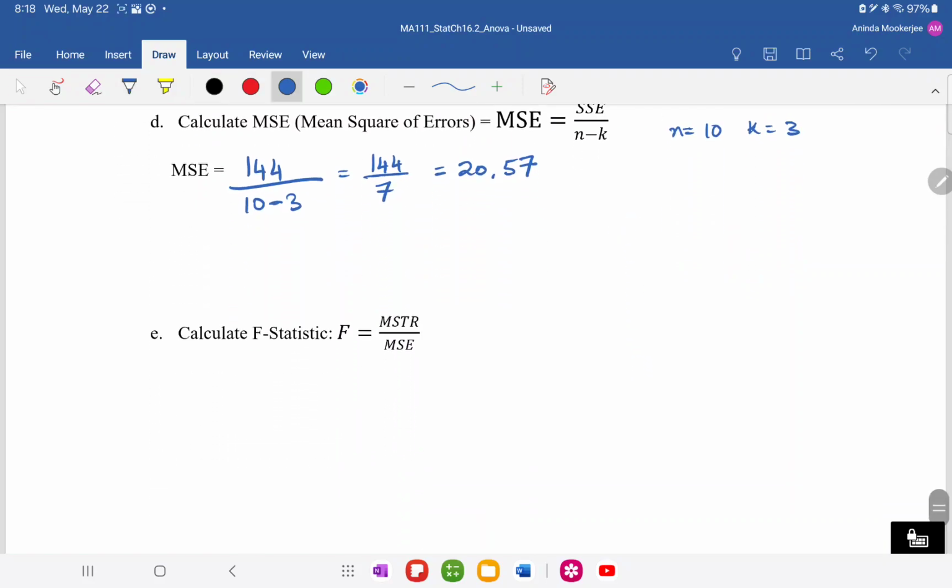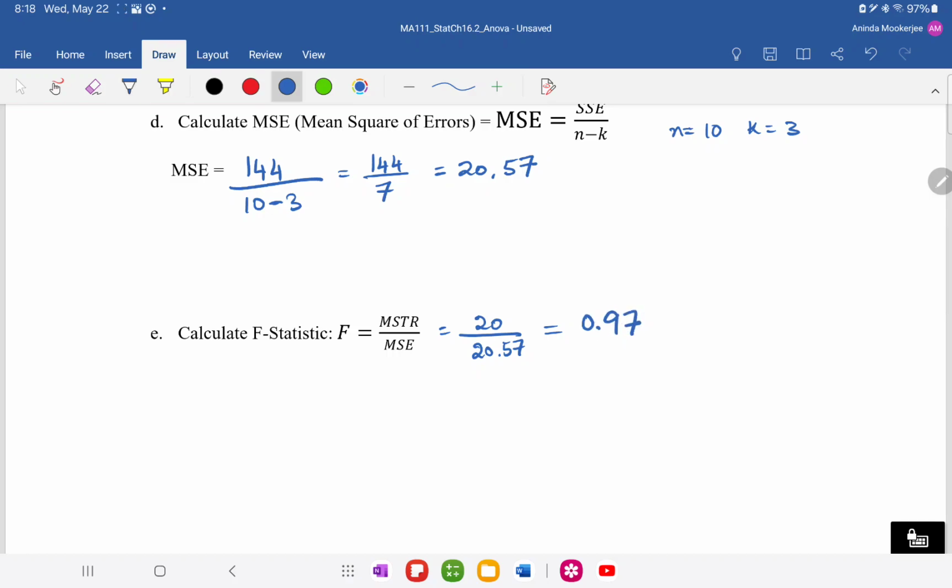And once we have our MSE value, just plug in those values for MSTR and MSE into the formula. So that was 20 divided by 20.57. So we are coming up with a very small F statistic value of 0.97.